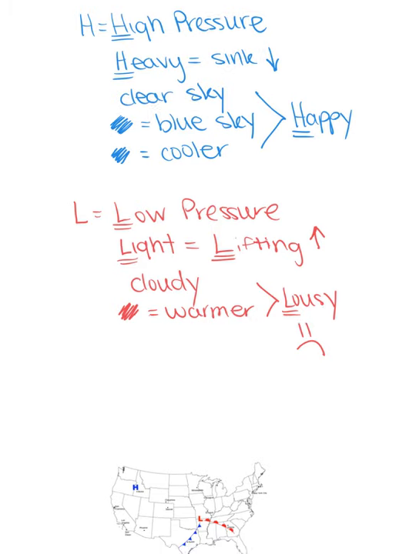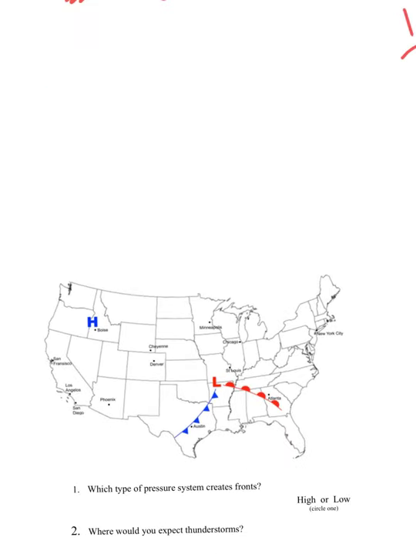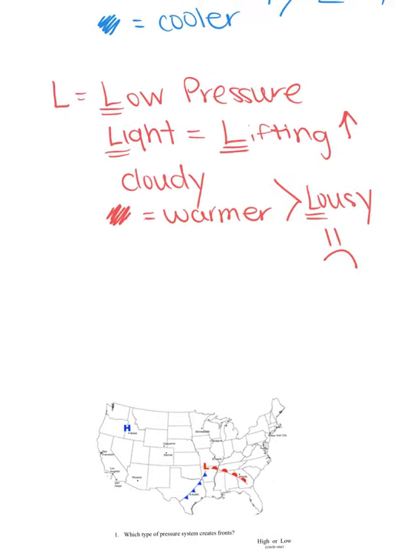All right, the next couple things that we have on here are those two fronts. So we're going to look at both of those. We have this blue one with triangles. This blue guy with triangles is a cold front. And again, it's got that blue color to remind us of cold. These also look like icicles. Icicles are made of ice.